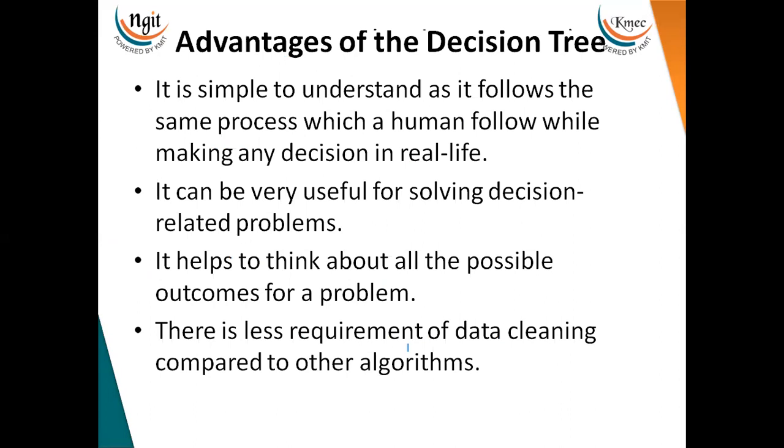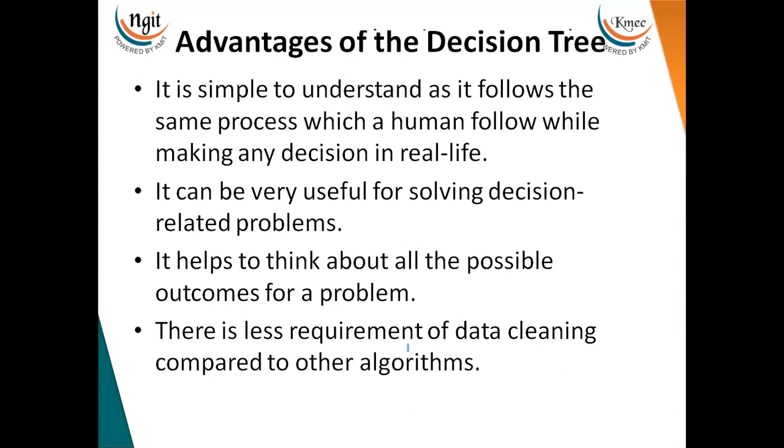So what are the advantages of the decision tree? Till now, we have seen all the concepts of the decision tree, but what advantages do you find in it? It is capable of representing concepts in real life. It replicates the decision-making process of the human brain, and it is useful for solving decision-related problems because it is capable of showing all the possible outcomes.